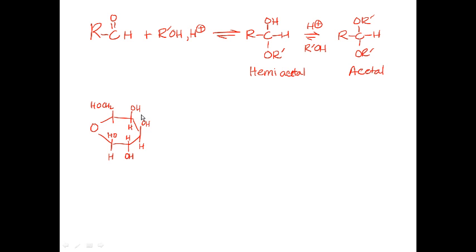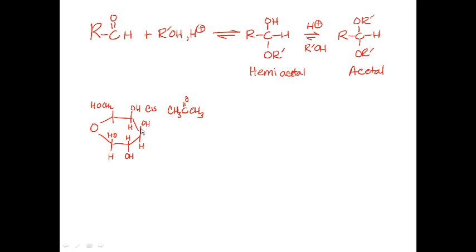Well, we might want to protect some of them as, in this case, acetals or ketals, only we're going to use the cis hydroxy groups here, and we might protect them by using something simple like acetone.